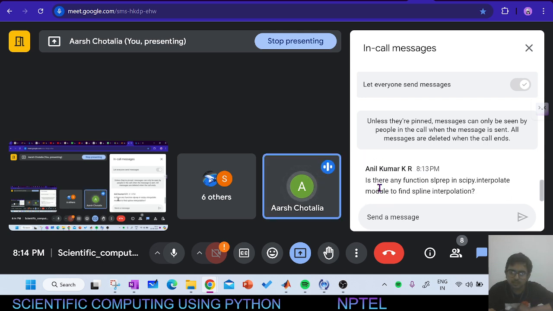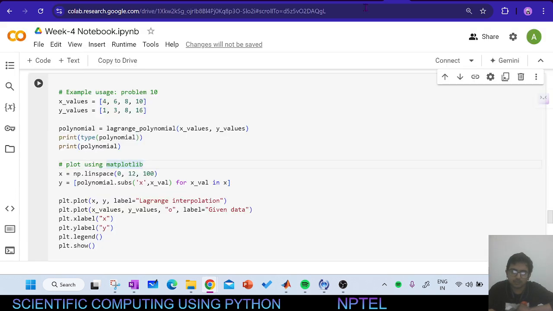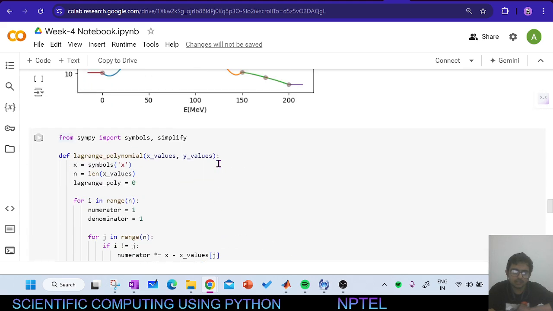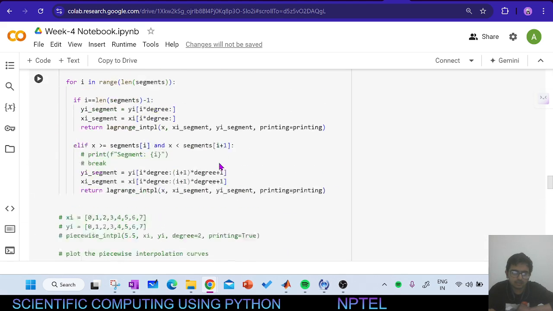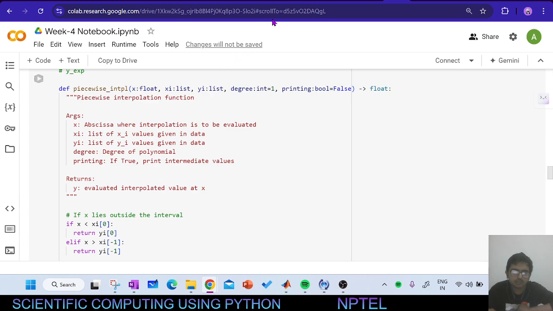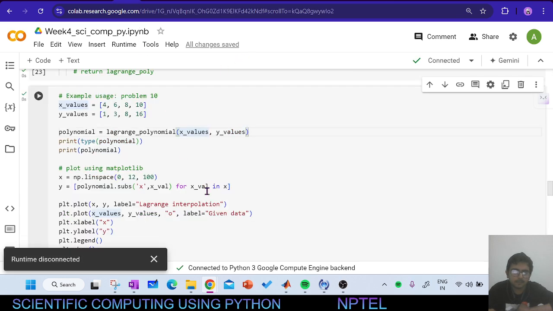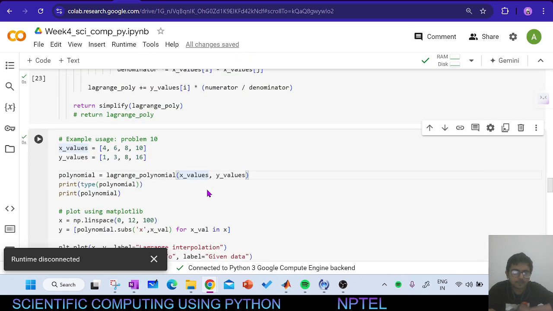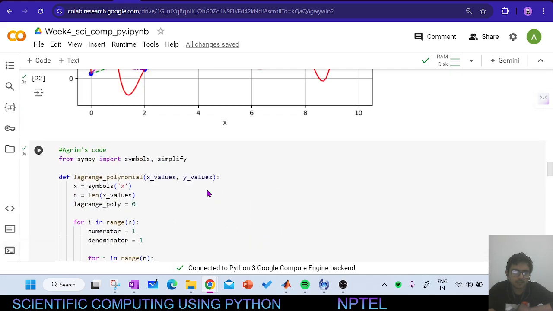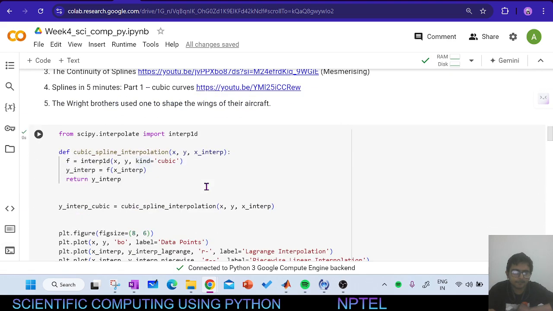There is one question by Anil Kumar. Is there any function in the scipy.interpolate module to find spline interpolation? I think you are asking in general. I know this one, Agrim's, which uses the kind parameter.